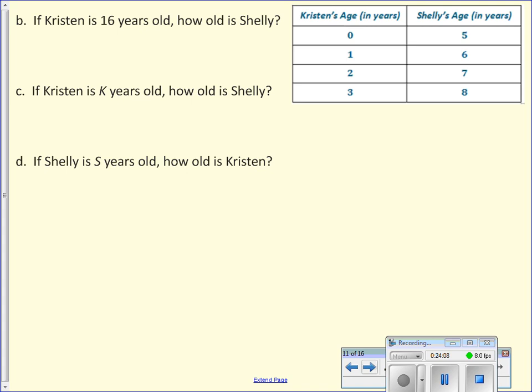So if Kristen is K years old, how old is Shelly? Right.